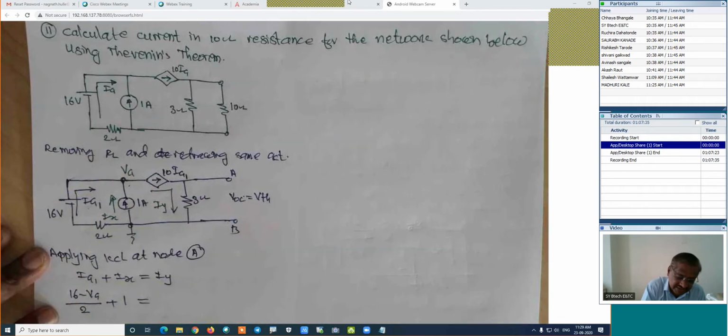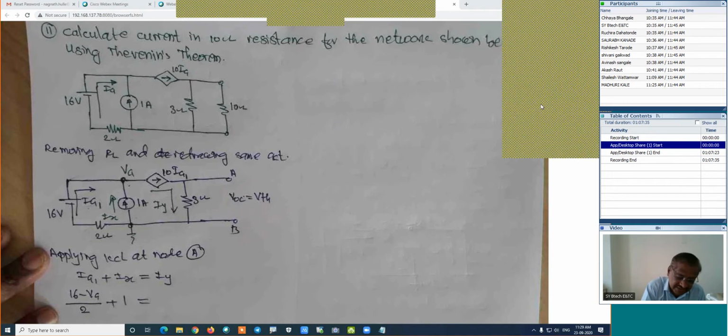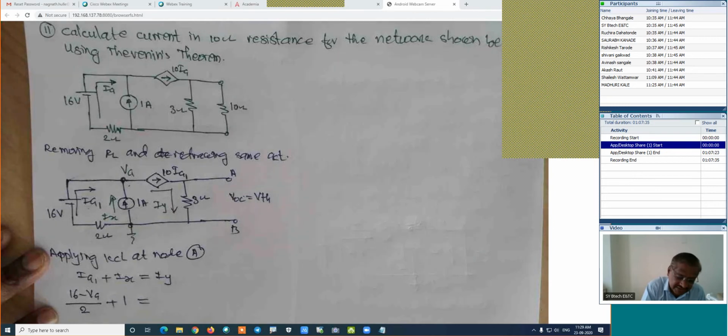I will come back to you. How much? What is the equation? Saurabh, hello. What is the equation for IY? Rishikesh. What is the equation for IY?